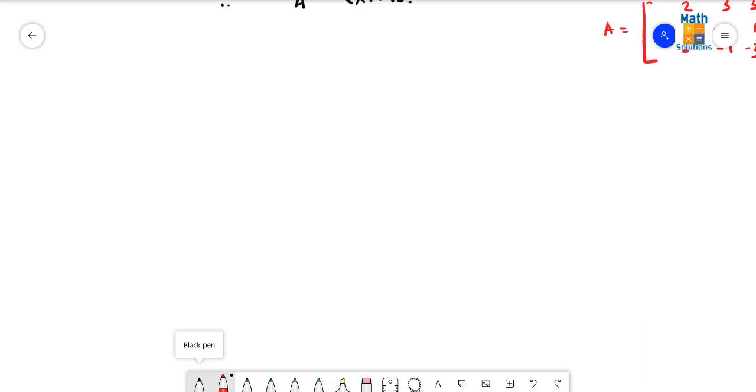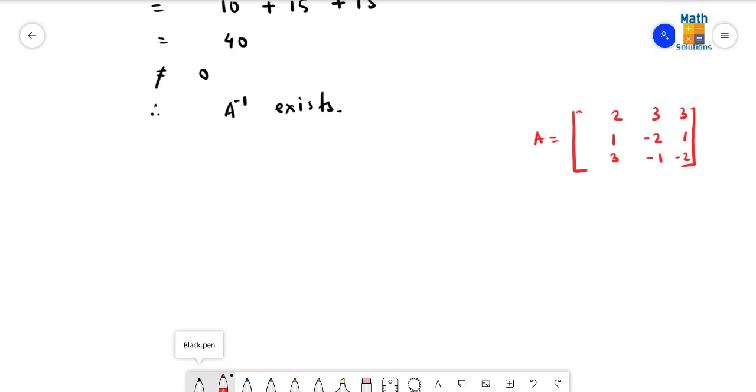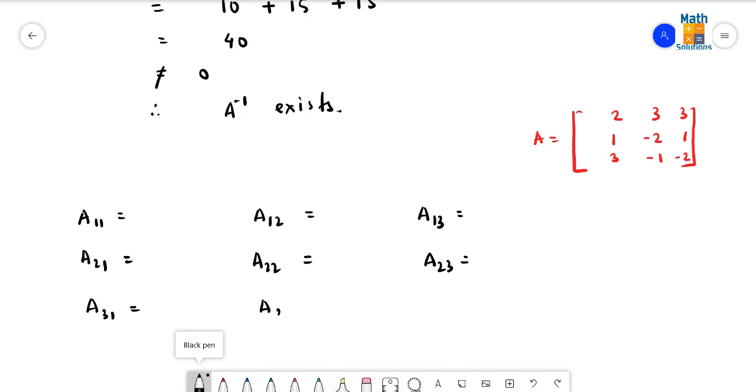The cofactors can be evaluated in this way: A11, A12, A13, then A21, A22, A23, then A31, A32, A33.